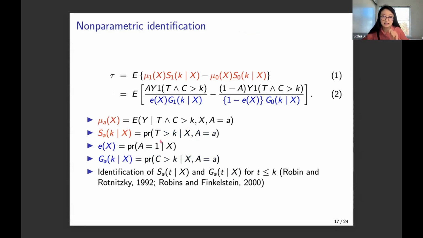And the identification of the two survival curves, S and G, will follow from the classic survival analysis literature.